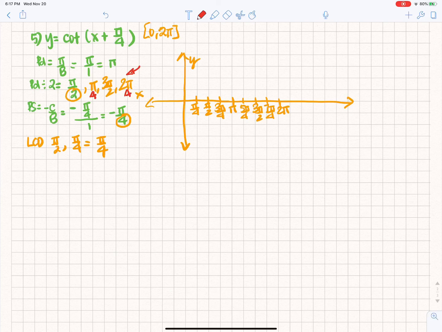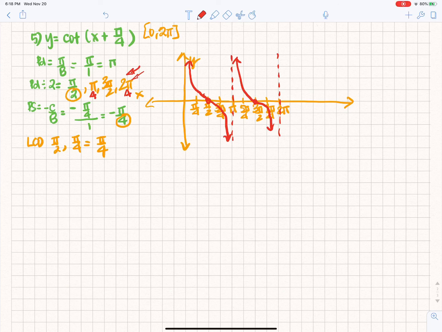That's where your asymptotes are, not on the even labels that you see on the graph. Then the graph for cotangent goes up, down. Make sure it passes through the point in between, right in the middle. Up, down. And that's your graph.